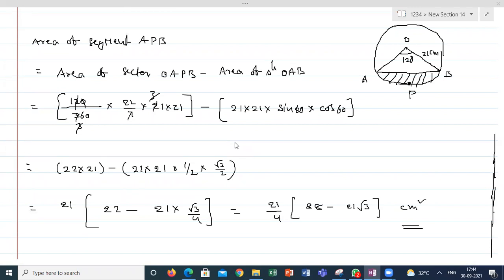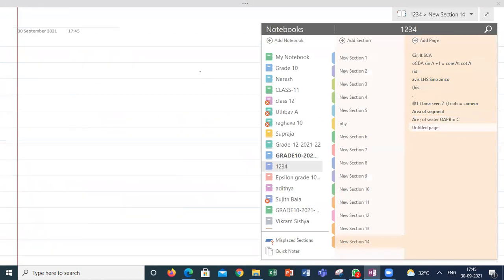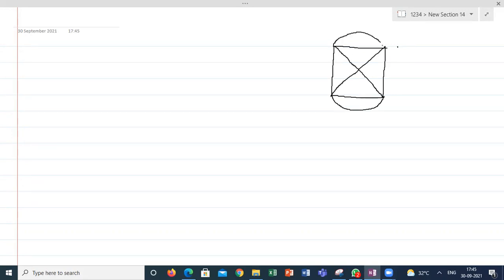Students? Yes, sir. So I am giving the diagram, you have to calculate the shaded region. Whatever region is colored, only that region you have to calculate the area. Find the red color shaded region area.